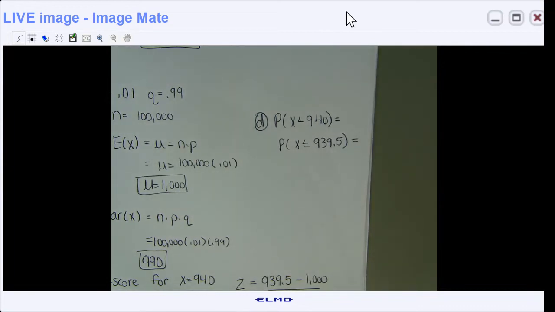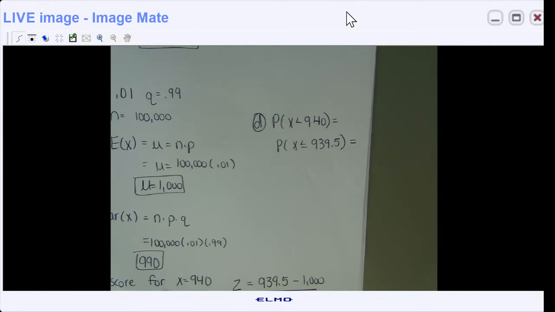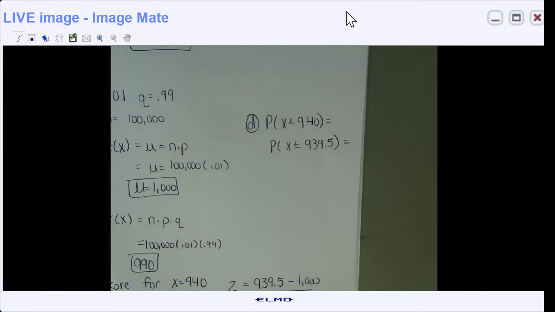So we go down to 939 because of the rules for binomials, and then we do the 0.5 for the correction for continuity. And then we just stick all of this into StatCrunch. So I'm going to share that StatCrunch window again.